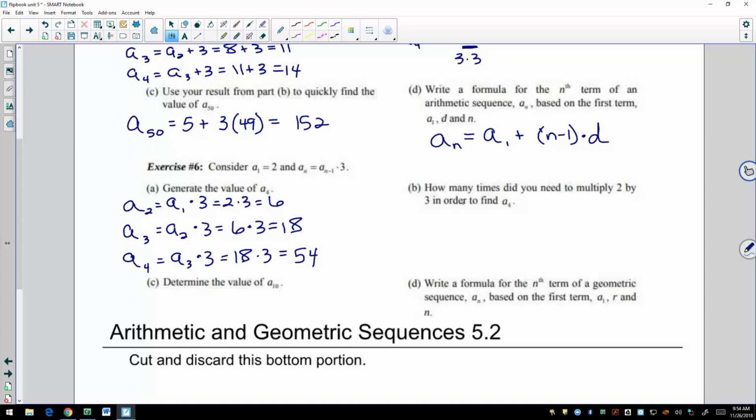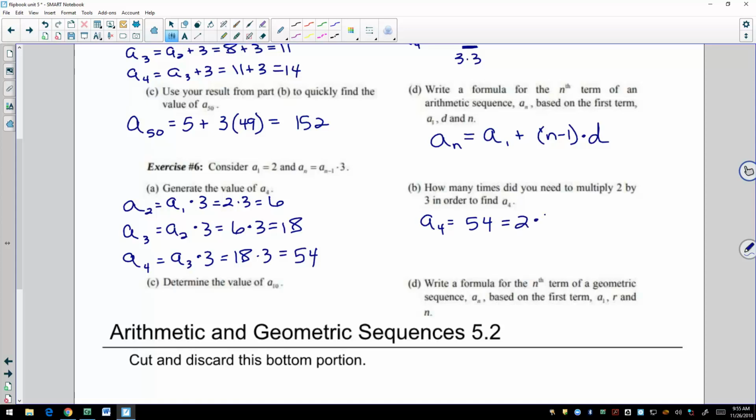So we had to sit here and do a sub 2, a sub 3 just to get to my answer for a sub 4. Well, let's see if we can come up with a pattern, and then we can write a formula so we don't have to sit here and find the previous ones. We can just find the one we want. How many times did you need to multiply 2 by 3 in order to find a sub 4? So our answer for a sub 4 was 54. Our starting output was 2.